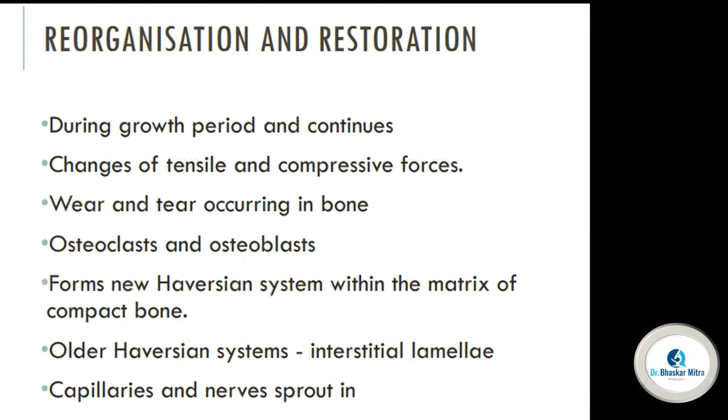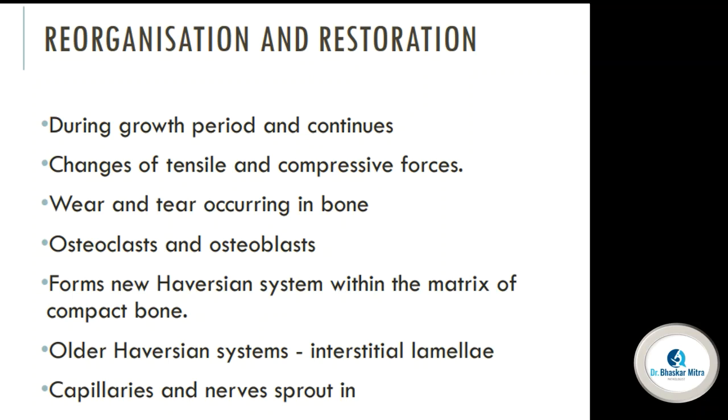Now regarding the reorganization and restoration, this occurs mainly during the period of growth, and as the adult patient becomes more and more aged, this bone reorganization and resorption decreases. The wear and tear occurring in the bone is helpful for the resorption.